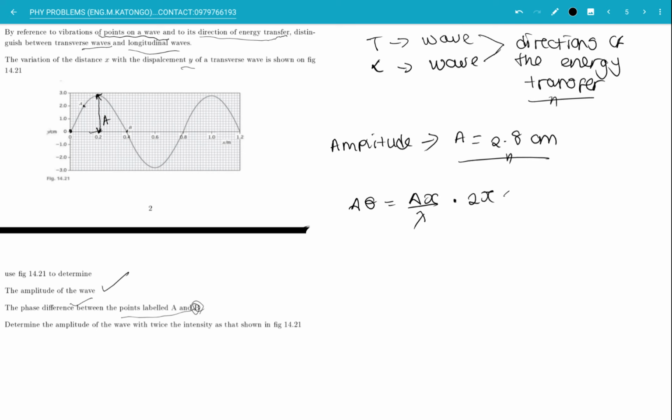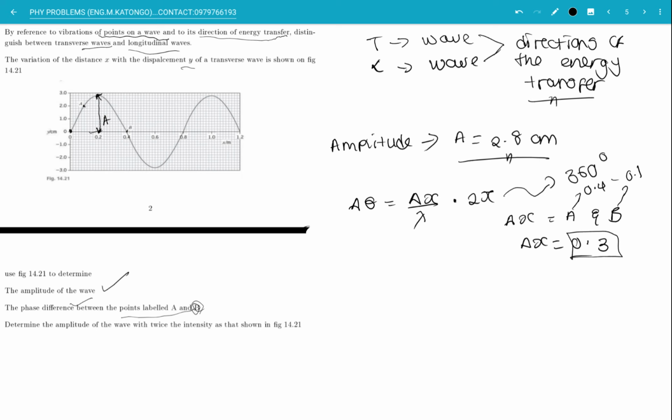Or in most cases, people would replace this with 360 degrees. Finding the change in x between point A and B, point A is 0.4 and point B is 0.1. Finding the difference between these two, we find our change in x as 0.3.